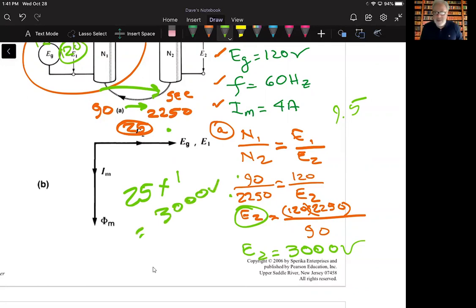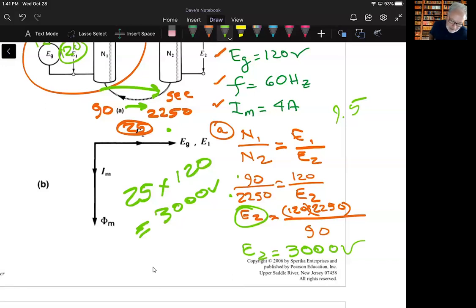Now, I don't want this to pass you by. Think about that for just a second. How incredible it is that we could take 120 volts into this device and get 3,000 volts out of it.